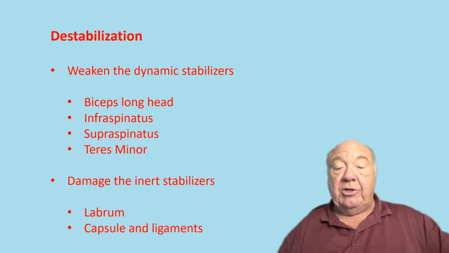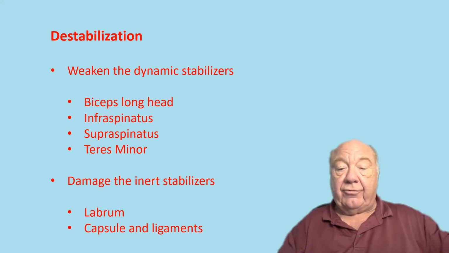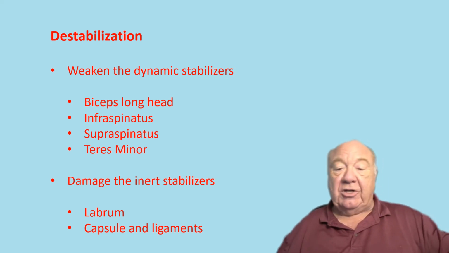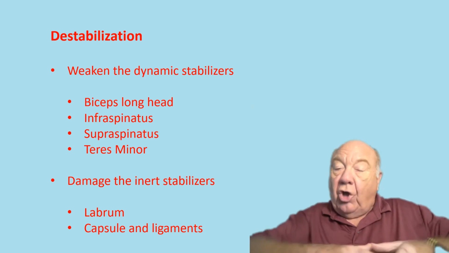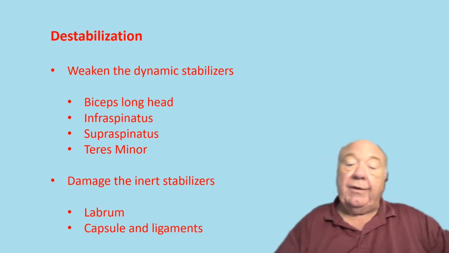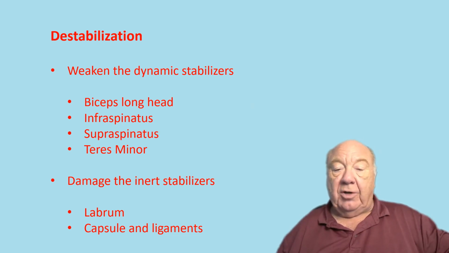Or you can damage inert stabilizers through overt trauma, which is really quite obvious in the history, that there's major damage to the joint, or by repetitive stresses, usually on top of hidden etiologies, which will weaken those dynamic stabilizers and the labrum and the capsule and ligaments.